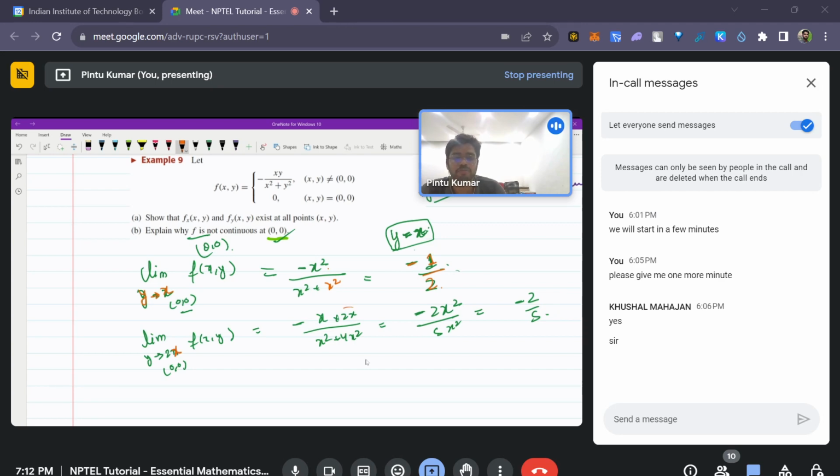So y was replaced by 2x and the denominator became 4x square. On the top we have minus 2x square, on the bottom we have 5x square. So the value that we obtain at the end is minus 2 by 5. Because these values are not equal, the limit of f of x comma y as x comma y tends to 0 comma 0 does not exist.